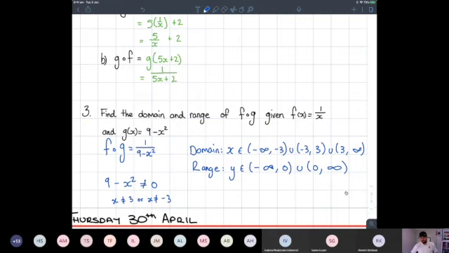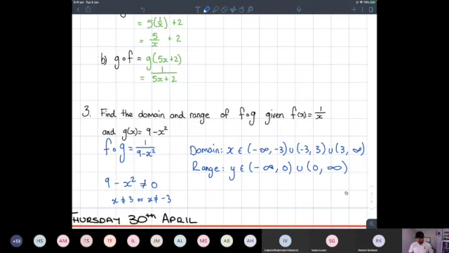So X with the funny E means X is an element belonging to those ranges there. So X belongs from -infinity to -3, -3 to 3, and 3 to infinity. And because we've used our curvy brackets, it doesn't exactly belong at those ones there.